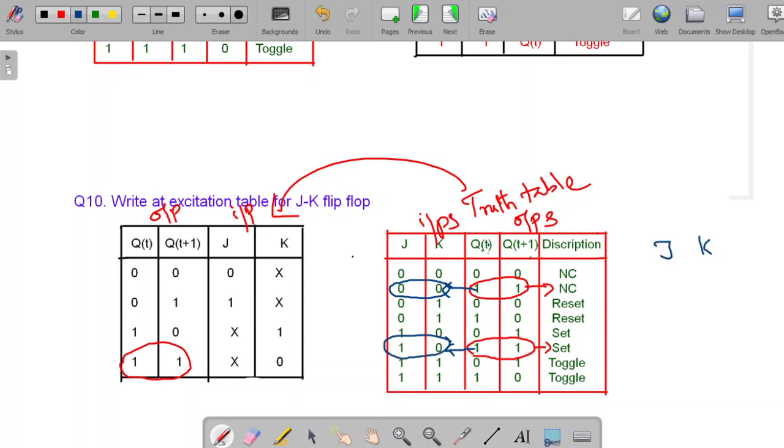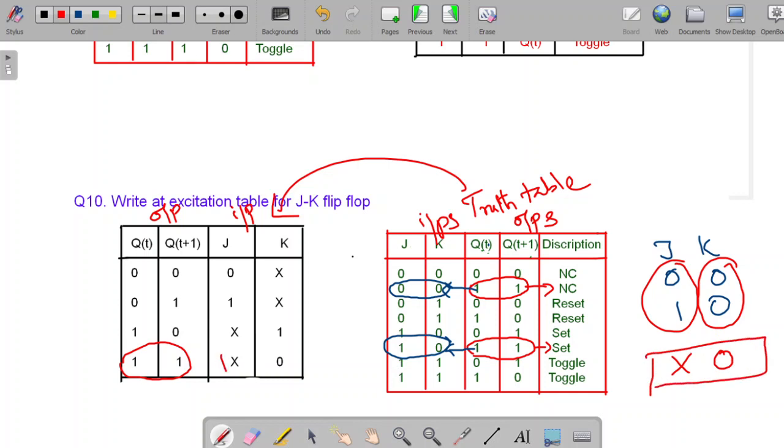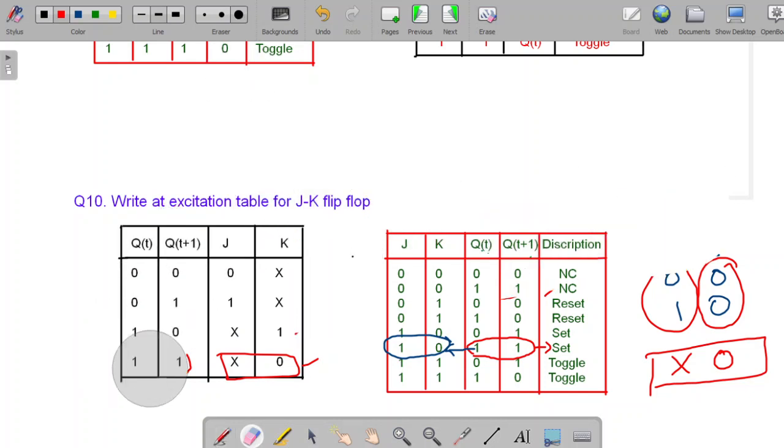So JK takes two combinations, 0 0 or 1 0. On that you can see that J takes two values, so it can be taken as don't care, but K value is always 0. So this is our answer, X0. This is how we got these 4 combinations for the excitation table. Okay, thank you.